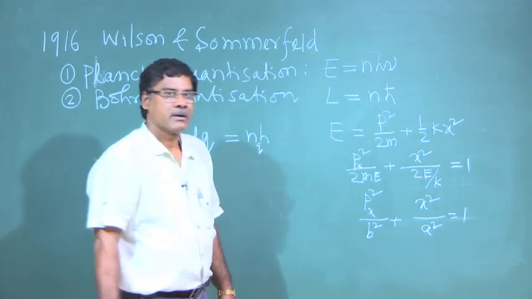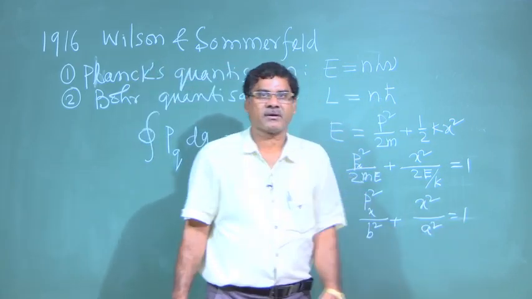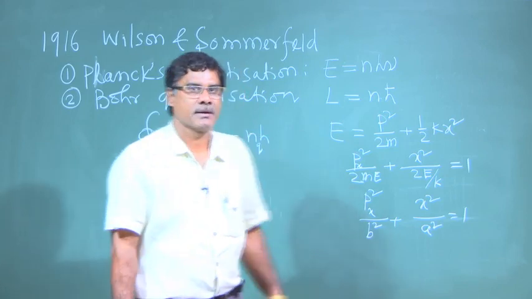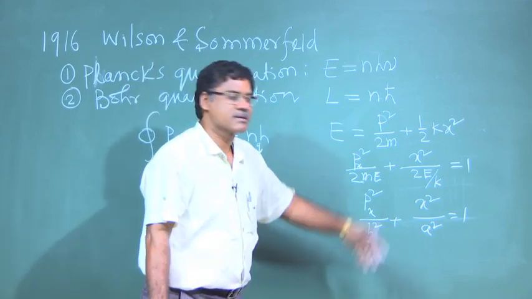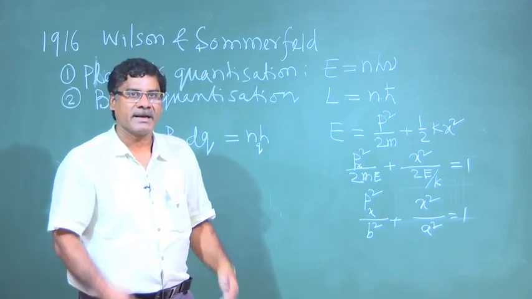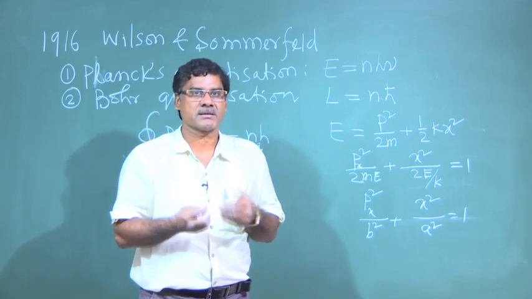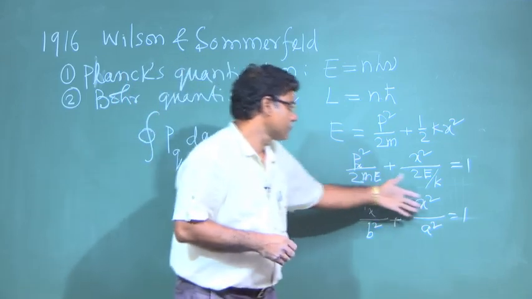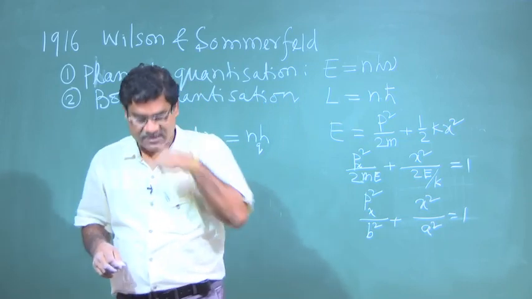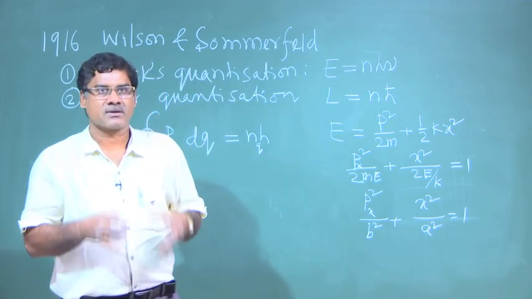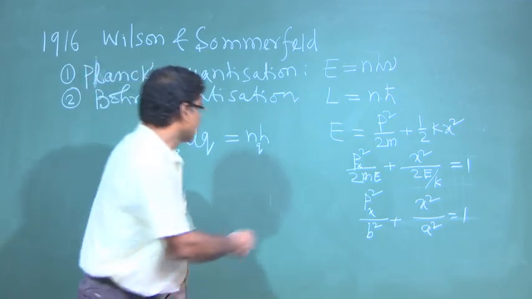Okay. So, this is the equation of an ellipse, but in phase space, momentum and space coordinate x. It is called phase space.